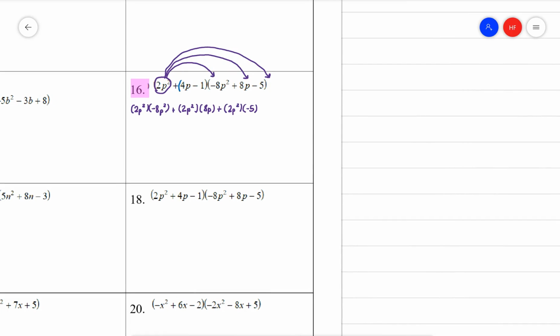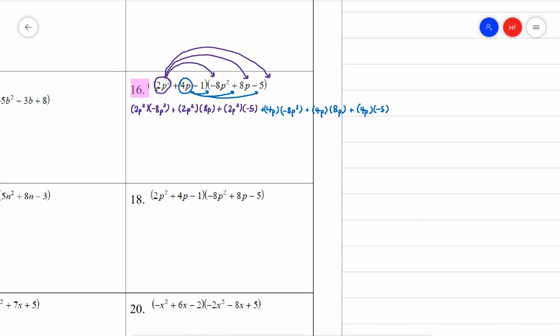Then I need to take this 4p and multiply it by all 3 terms. So plus 4p times negative 8p squared plus 4p times 8p plus 4p times negative 5.